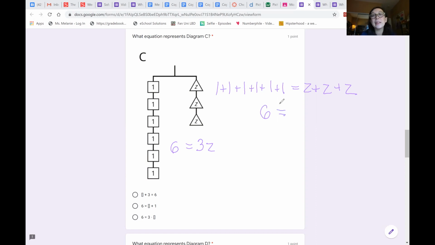And repeated addition is the same as multiplication. If we added z to itself 3 times, we can just write it as 3 times z. So that is this one. Okay, I kind of jumped there. So that's my backtracking of what I was thinking. And I think there is one more.